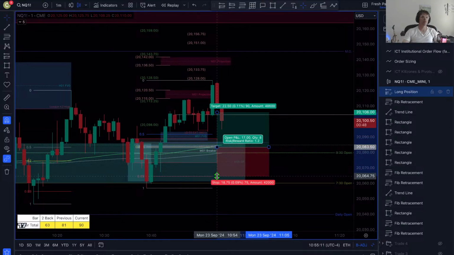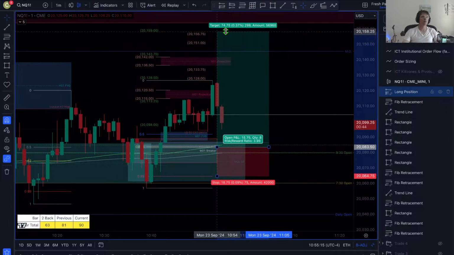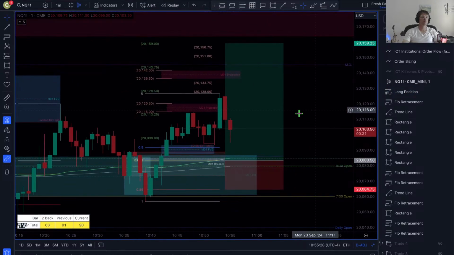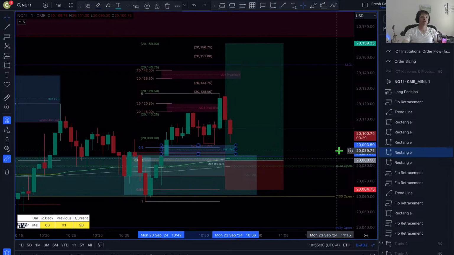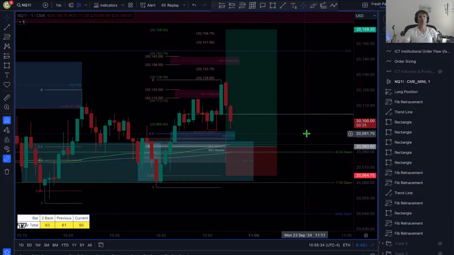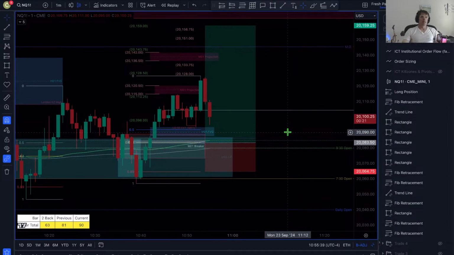Yeah, but I think that's okay. I think I like this right here. 8350. See if it comes back down to that fair value gap. That's sort of reversal PA on the M1 though, isn't it, to the downside? In which case I'd want to wait.